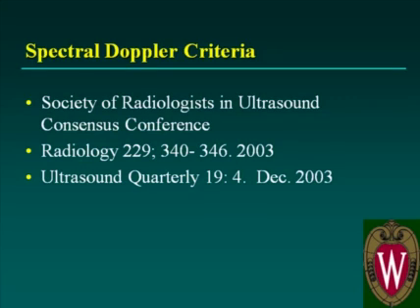There is a useful reference where this criteria is tabulated. I refer you to two publications of this article, both in Radiology and in Ultrasound Quarterly. It is a consensus conference that was produced by the Society of Radiologists in Ultrasound.